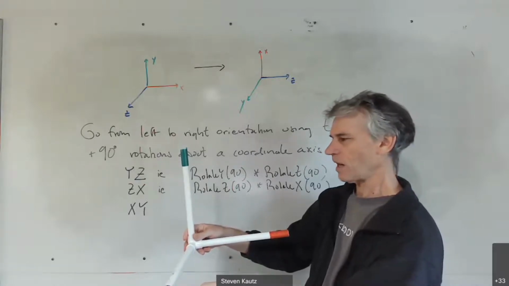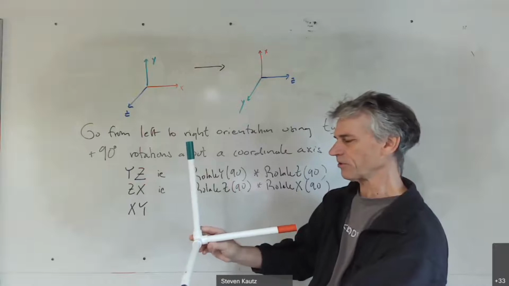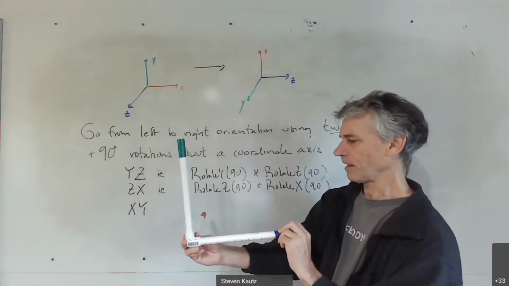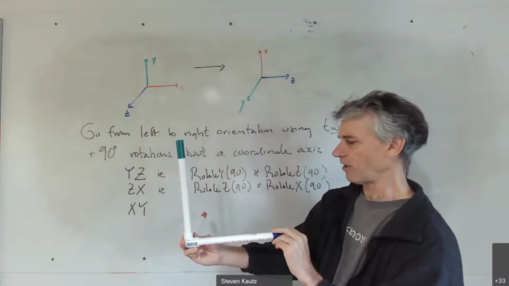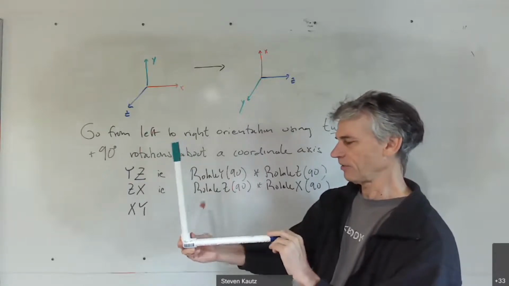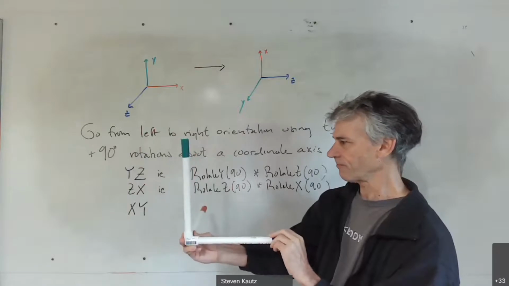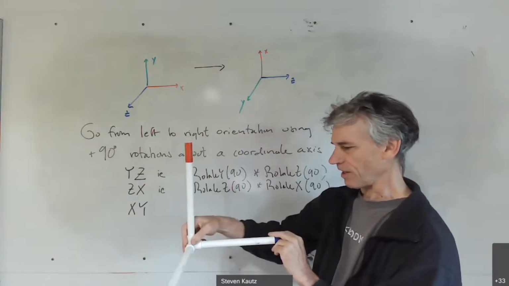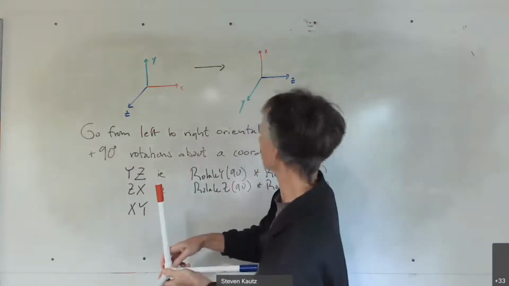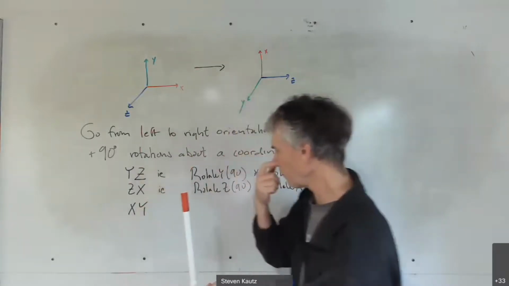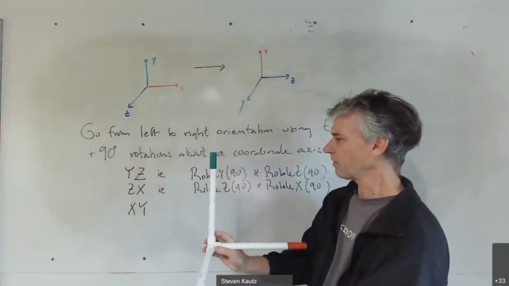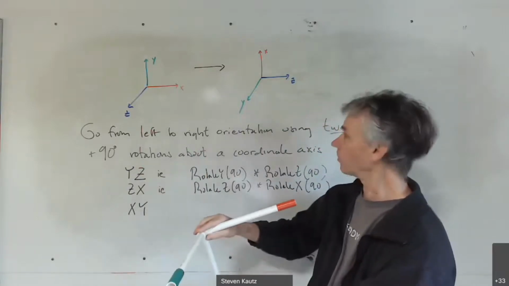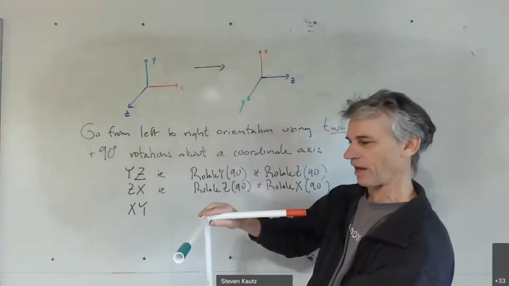So if I do y first, what are my choices? I can either follow y by an intrinsic z rotation or y with an extrinsic x rotation. So that gives me these two. If I start with x, ooh, this is new. Okay, I missed this one.